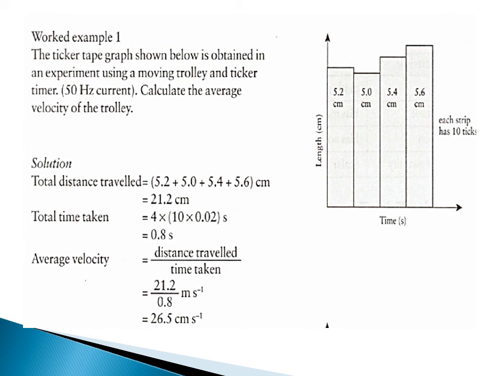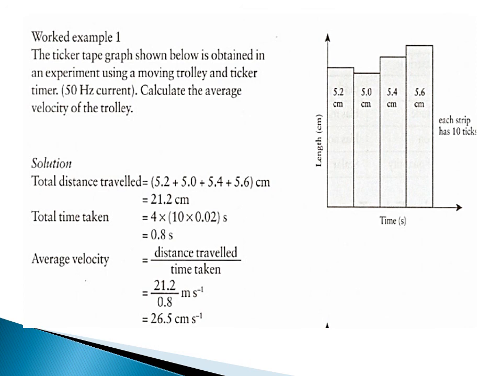Actually they have 11 dots times 0.02 second. Why 0.02 second? Because the time from one dot to another dot is 0.02 second. Remember, 1/50 is 0.02 second. So the answer is 0.8 second.